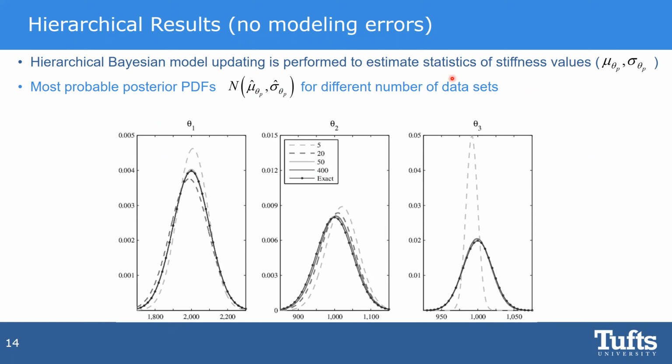You can see after 5 days, not the best for this one, but if you have 20 days for this specific distribution, which wasn't date dependent for us, it does a good job. The exact is a solid line, and anything after 20 sets of data, I match it. So this is how we design our hierarchical to work.